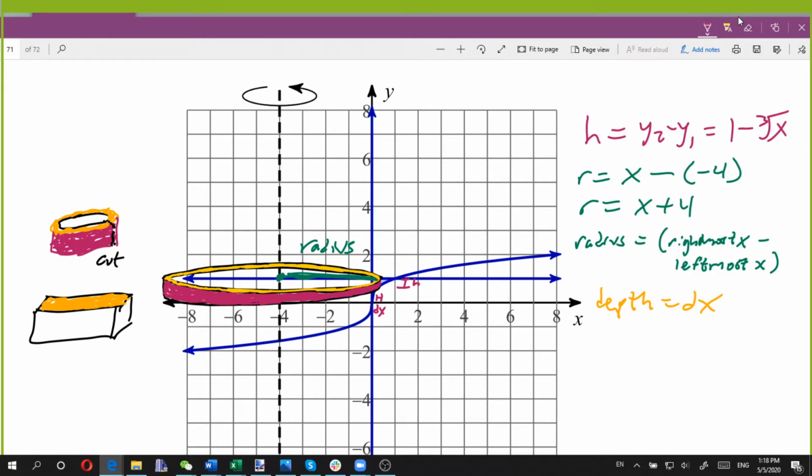And height. I guess we can make this side yellow too.